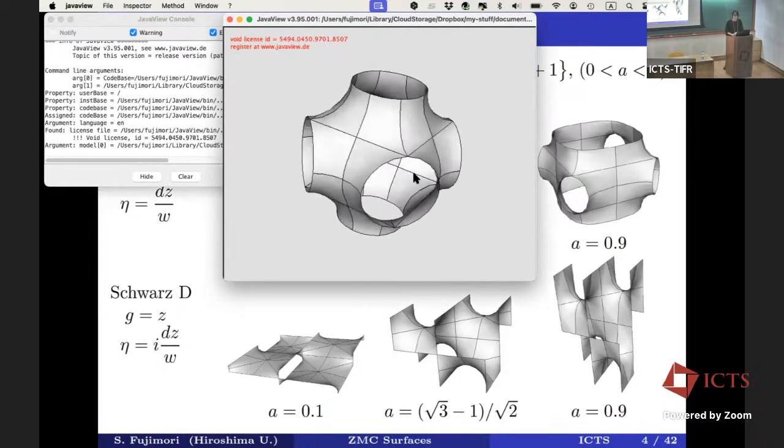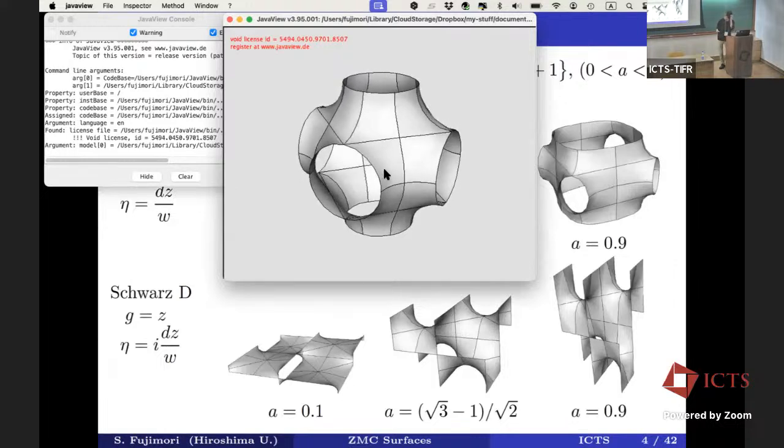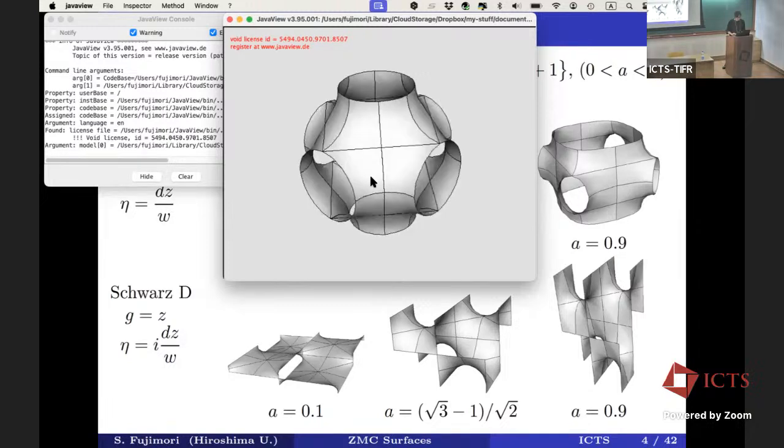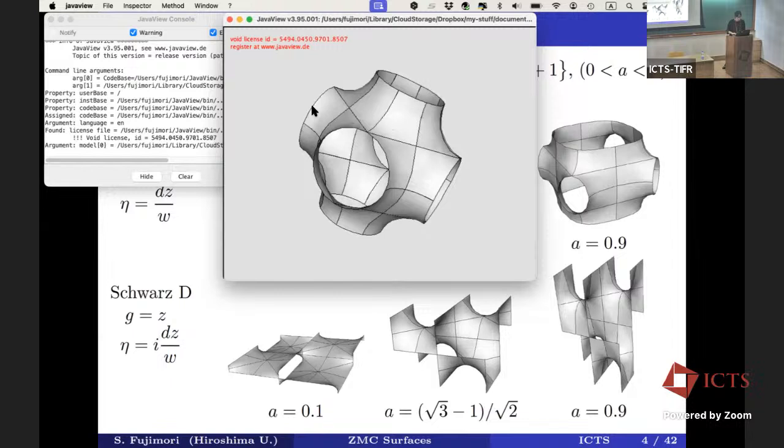So we have this surface. We don't draw the three-dimensional lattice, but maybe you can see it. This part and this part, front and back, are identified, the left-hand side and right-hand side are identified, and the top and the bottom are identified.